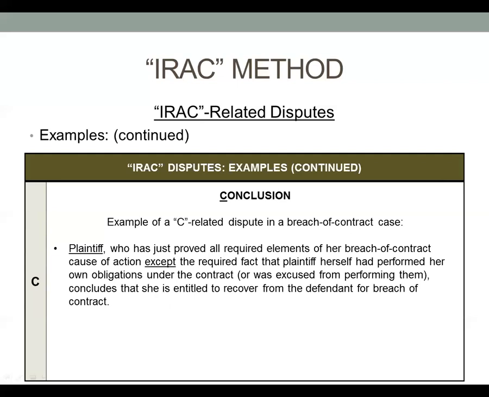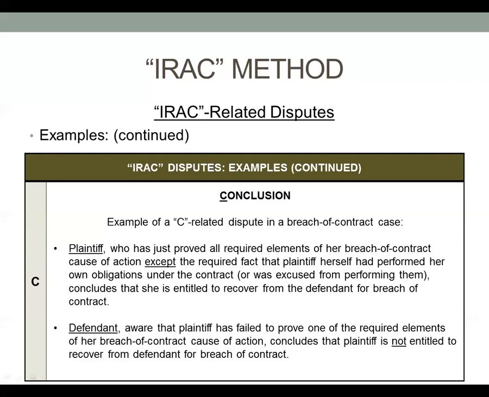The plaintiff forgot to prove that she herself had performed her own obligations under the contract or was excused from performing them. And that is one of the essential elements that she had the burden to prove. She forgot to do it. Nevertheless, the plaintiff still argues that she is entitled to recover from the defendant for breach of contract. So her conclusion is that she's entitled to recover from the defendant even though she hadn't proved all her case.